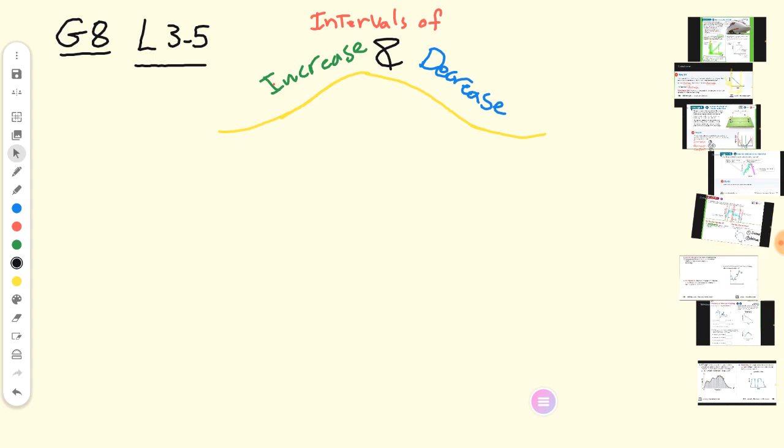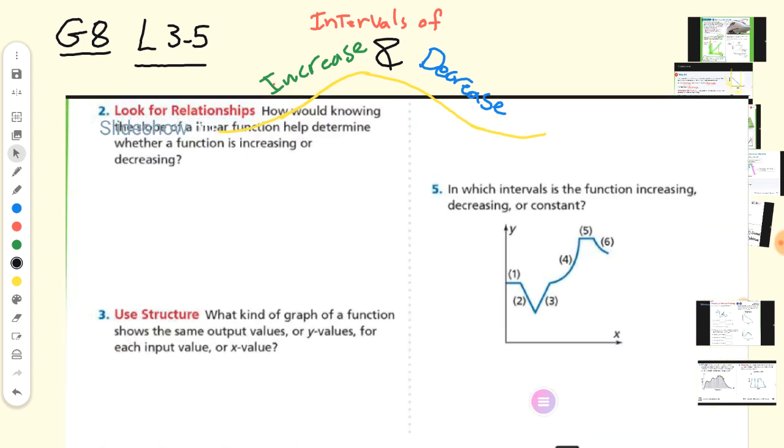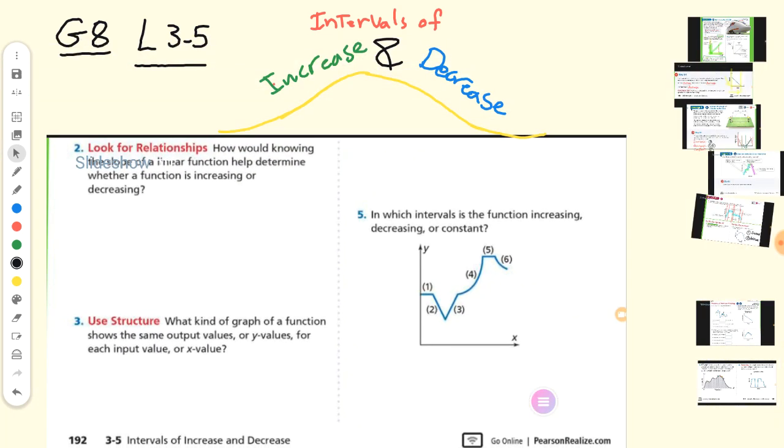Again, another exercise. Number 5. In which intervals is the function increasing? Let's see where the function increases. I think it's 3, then 4. So it's increased in 3 and 4. What about decreasing?